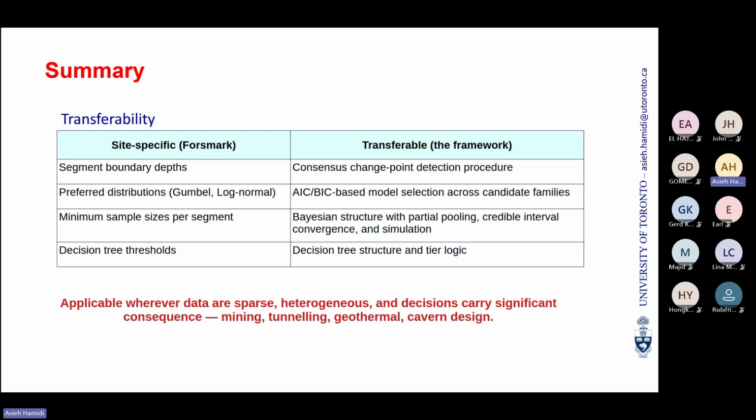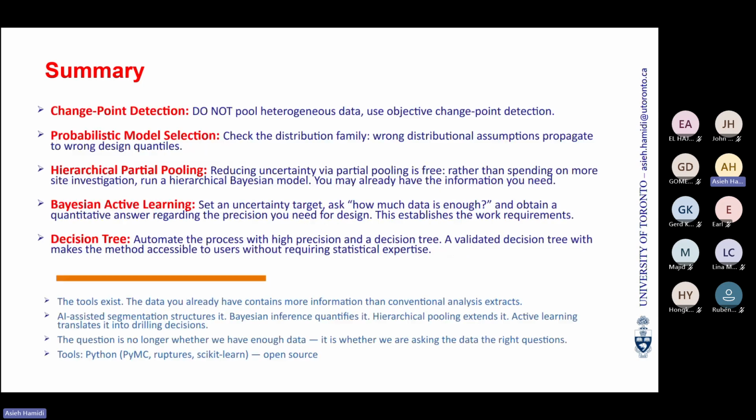And then you can make an automation. It is transferable to other applications, not just for DGR, but for infrastructure, for tunneling, or any further research or industry problem that you may be working on.